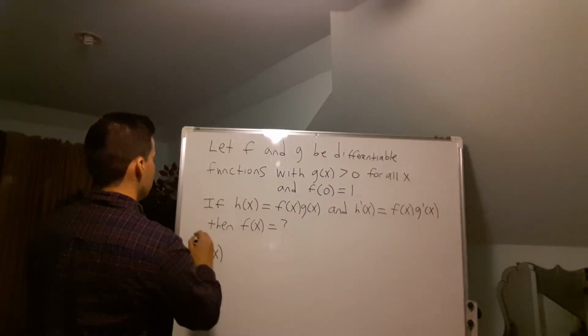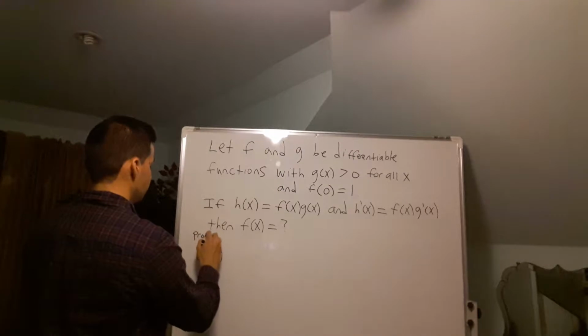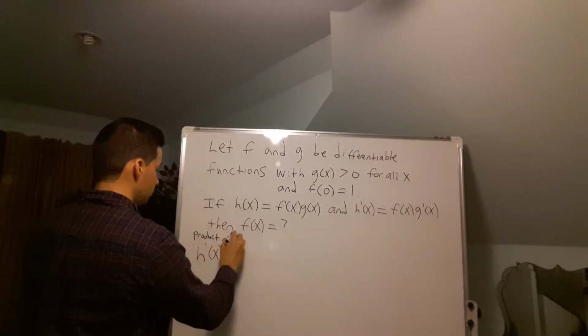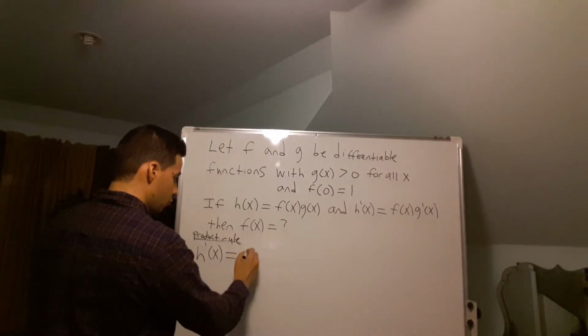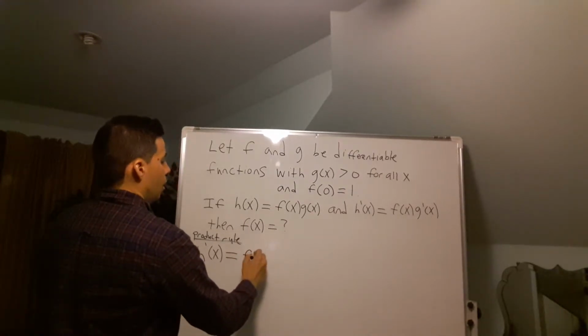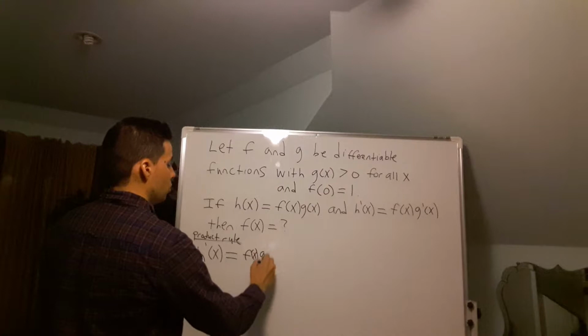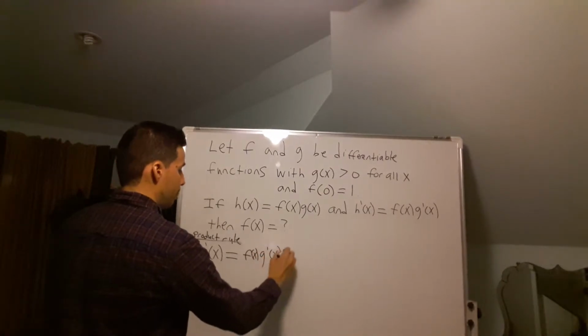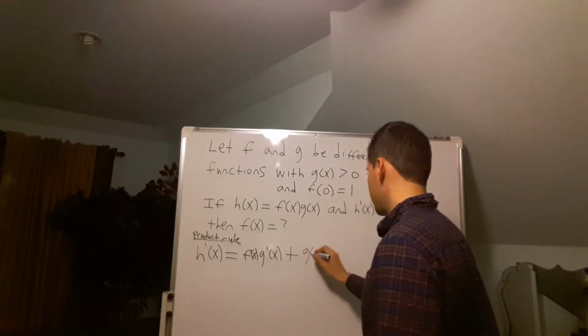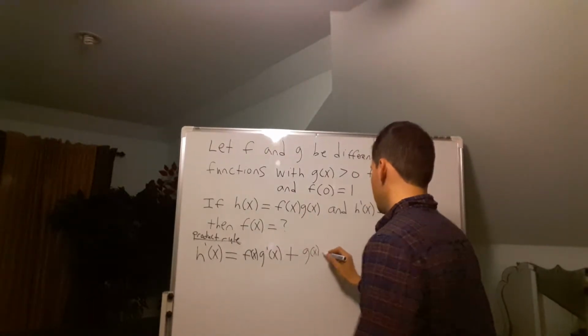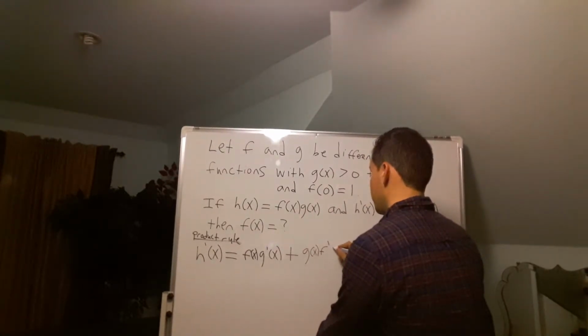So using the product rule, h prime of x is equal to f of x times g prime of x plus g of x times f prime of x.